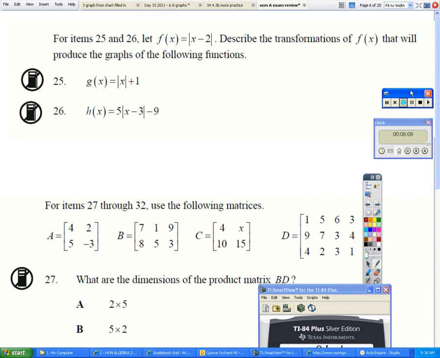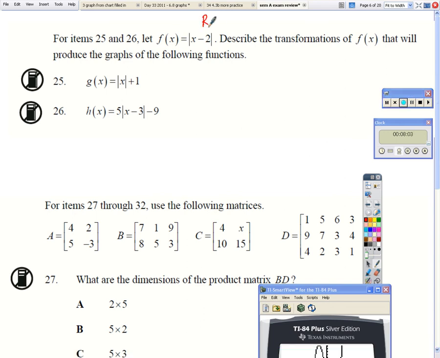Describe the transformations. So we start already to the right 2. So this vertex is at 2, 0 for the original. The vertex of 25 is at 0, 1. So how did we go from to the right 2 to 0? That's left 2 units and up 1.